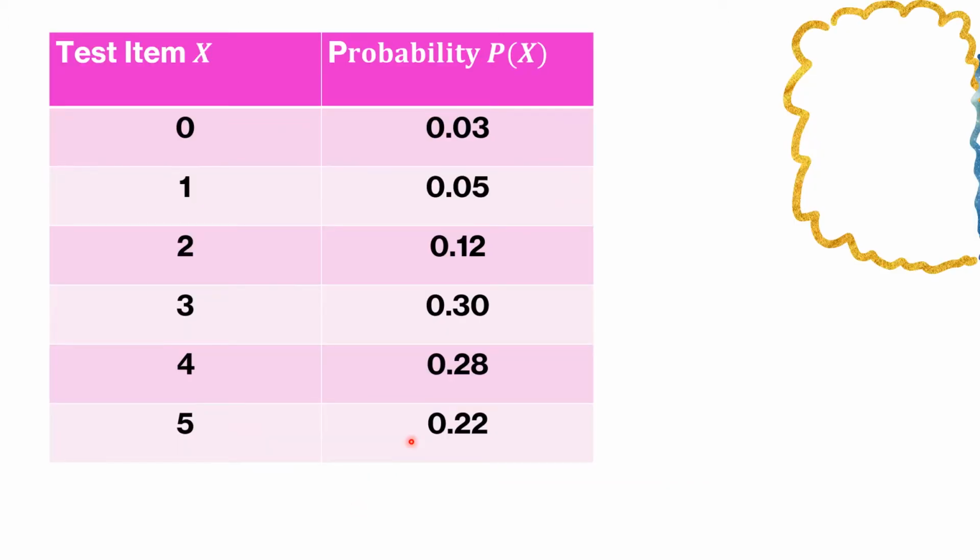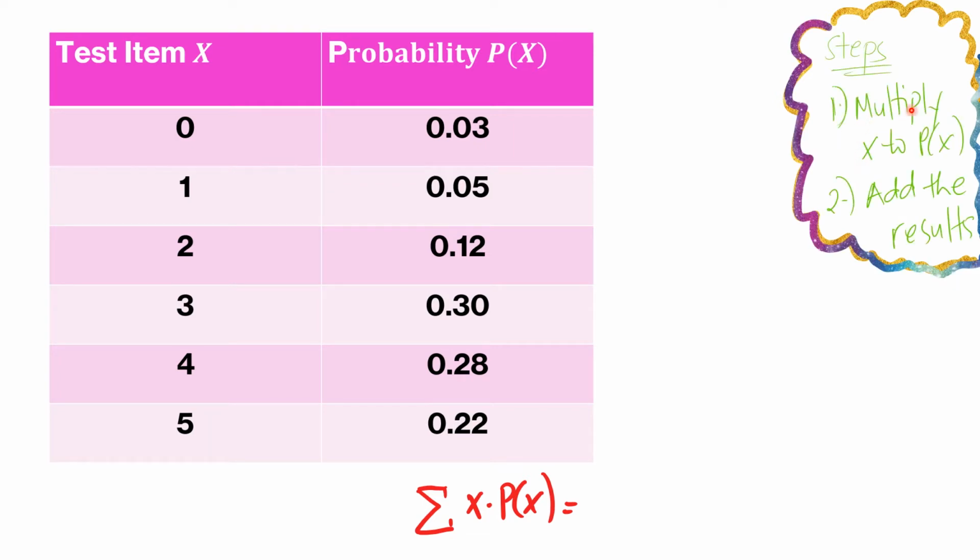Now, let us solve what is the mean for this. To solve for the mean, we are going to use the formula for the expected value or the mean, and that is the summation of x times p of x. Alright, so we follow the following steps. First is we multiply x to p of x, like 0 times 0.03, 1 times 0.05, and so on.